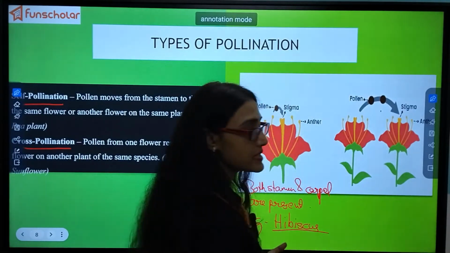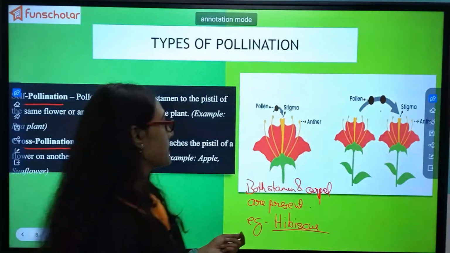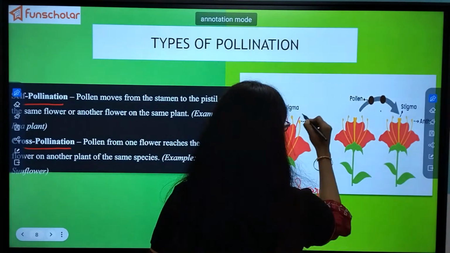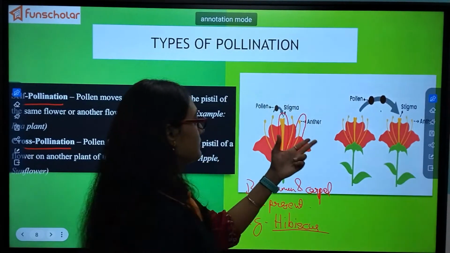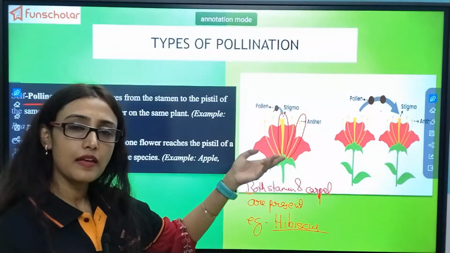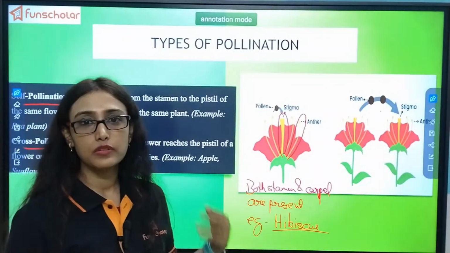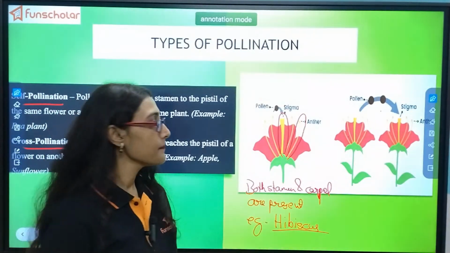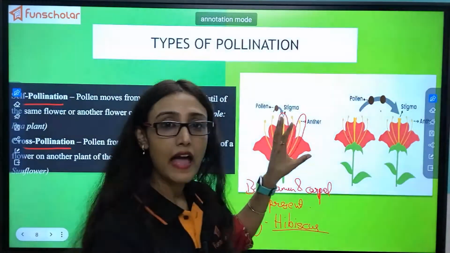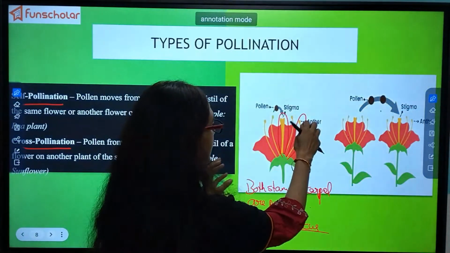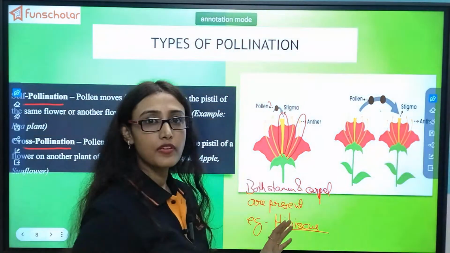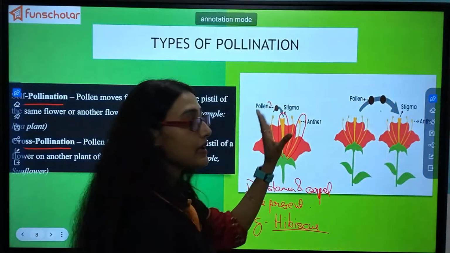The other name of hibiscus is China rose. See, it has the female part and also the male part. Ma'am, if they have both the male part and female part in the same flower, then why do they need pollinators? Because plants can't move. They do not have hands to take the pollen grains from here and deposit them in the female part, though they are on the same plant.